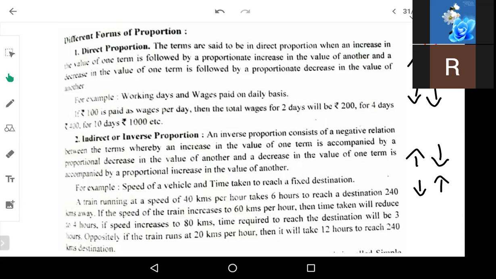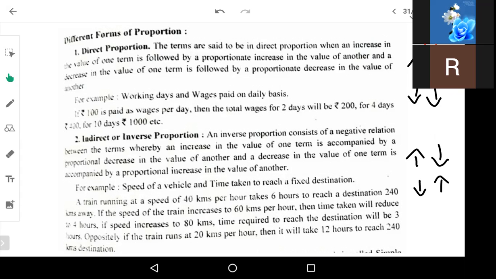Clear? Now similarly, if the number of days is coming down, from 10 days he is only working 4 days or only 1 day, since it is a daily wage, only for the day he has worked, he will receive the amount.